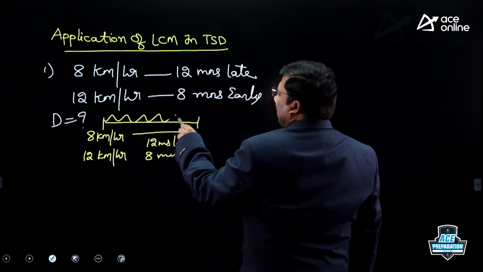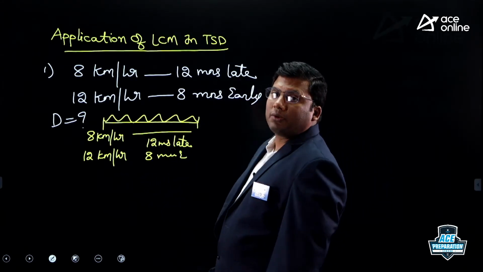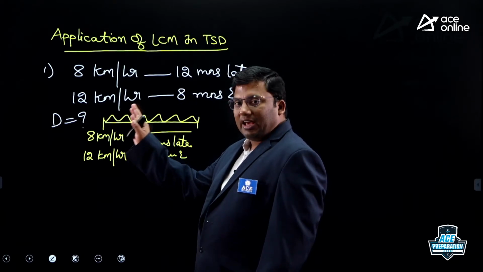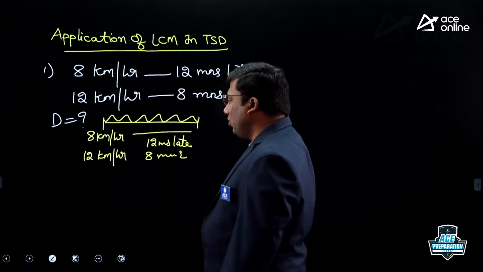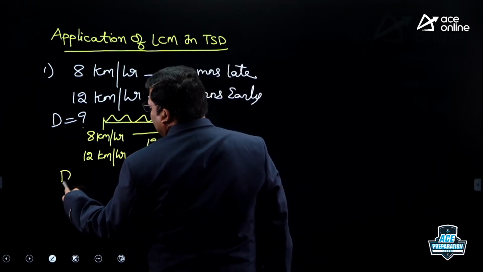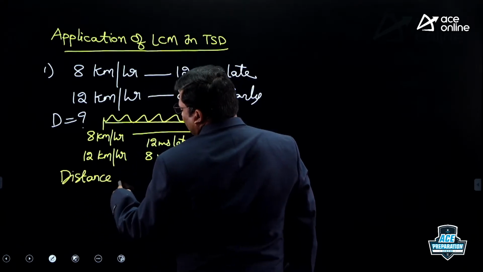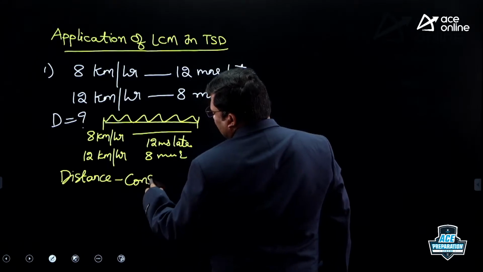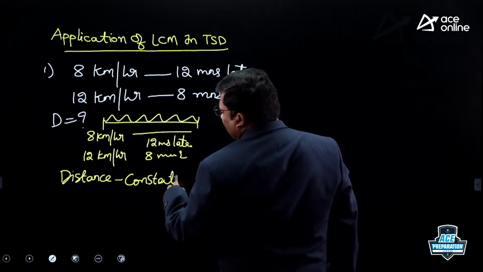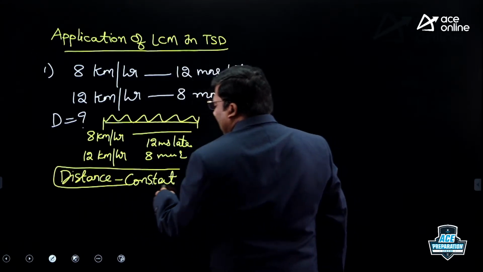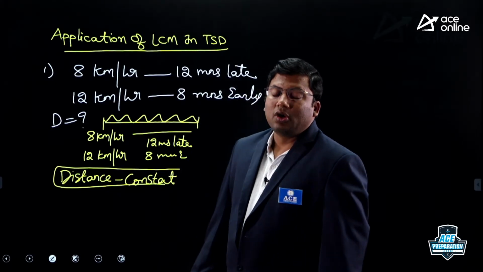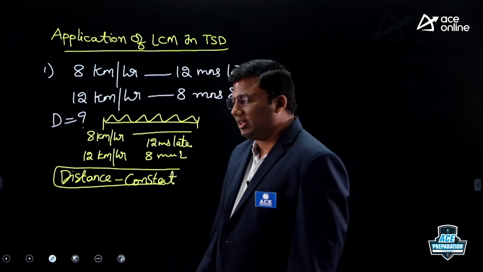Every day, he is traveling from home to office. What is constant? Distance is constant. Are you all with me? Every day, Anil Nair is traveling from home to office. What is constant?